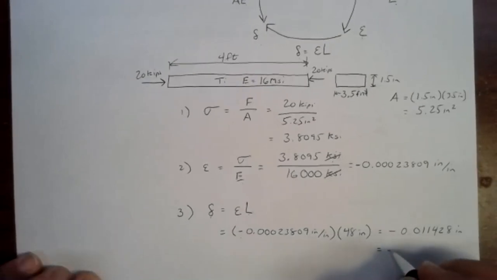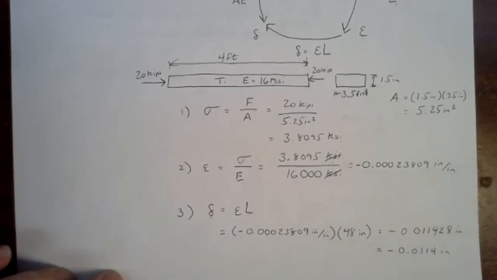So rounding that down to something a little more reasonable, we can say that this titanium beam would shrink by 0.0114 inches, 11.4 thousandths of an inch.